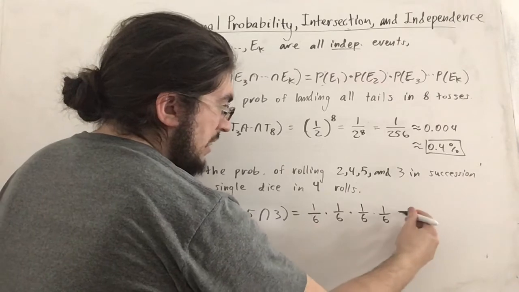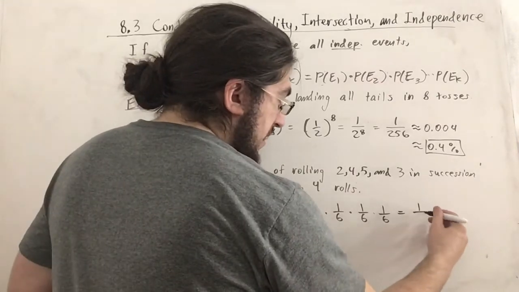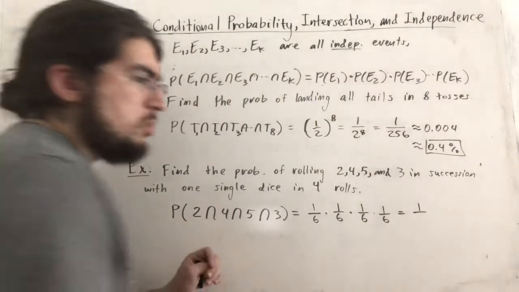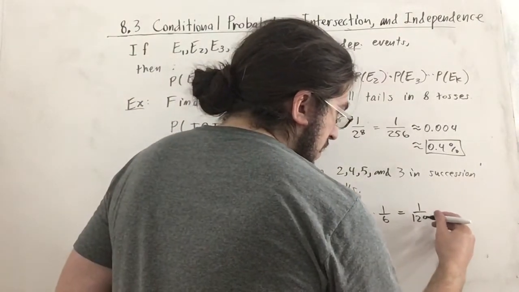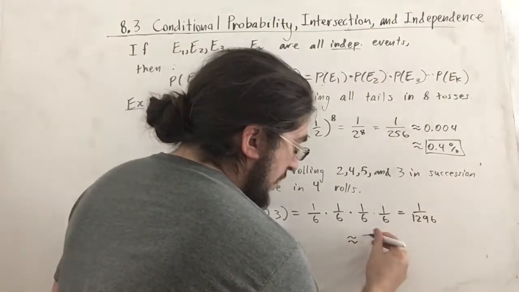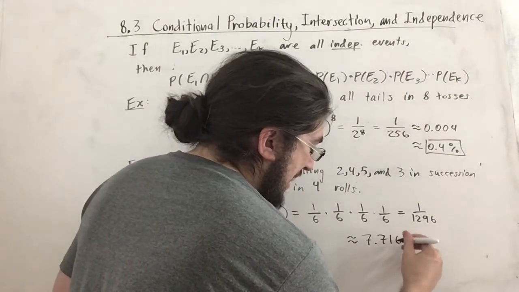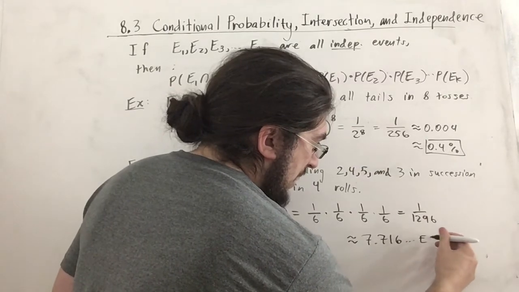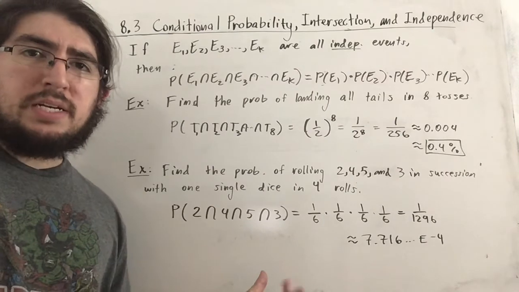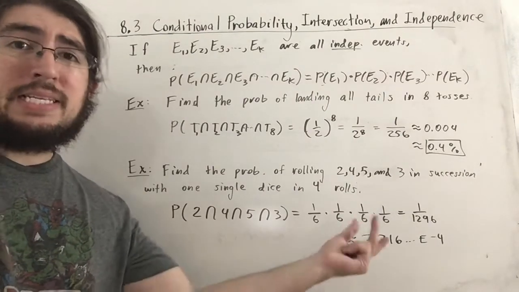which is the same as 1/6 to the 4th, which is 1 over 6 to the 4. 6 to the 4 is 1296. And 1 over 1296 is, I got 7.716 something e to the negative 4. Now, e to the negative 4, if you recall, is just scientific notation. So the calculator is trying to say times 10 to the negative 4.